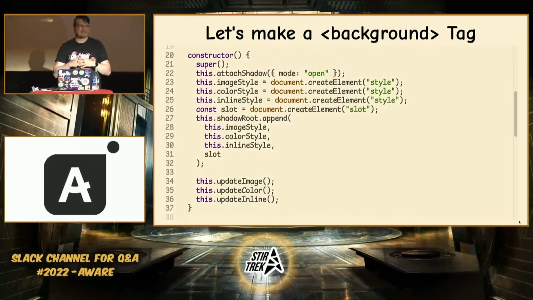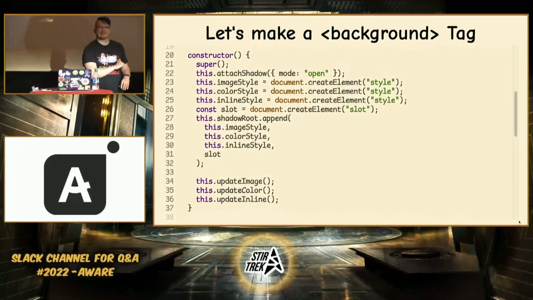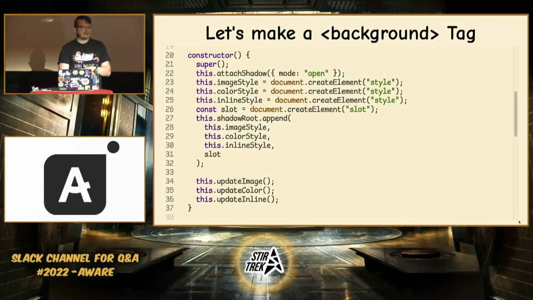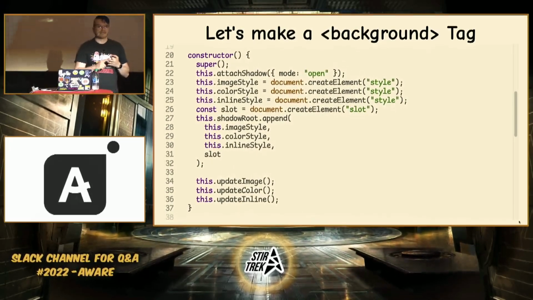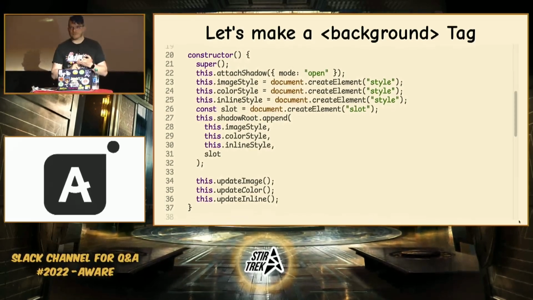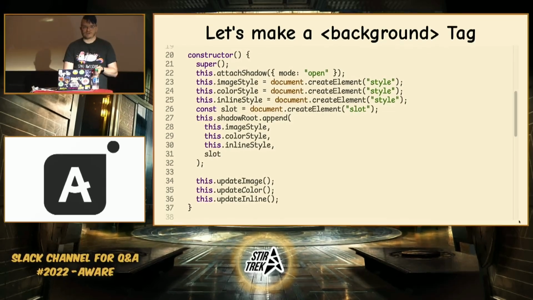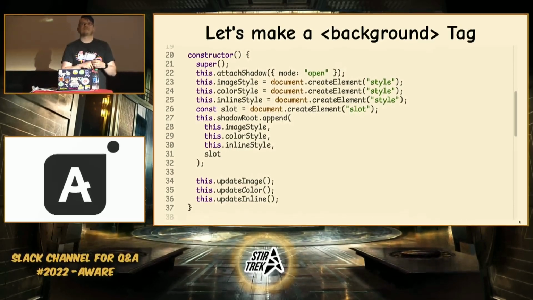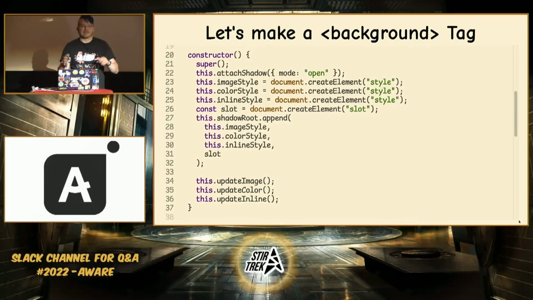So I'm going to have each one have its own style tag so that I can just be like, change the style on this one, change the style on that one. And then I'm going to go ahead and initialize our updateImage, updateColor, and updateInline. Now, at this point, these won't do anything because the attributes can't be read in the constructor. You can't tell what the attributes are until the element is fully initialized, which we'll get to, don't worry.